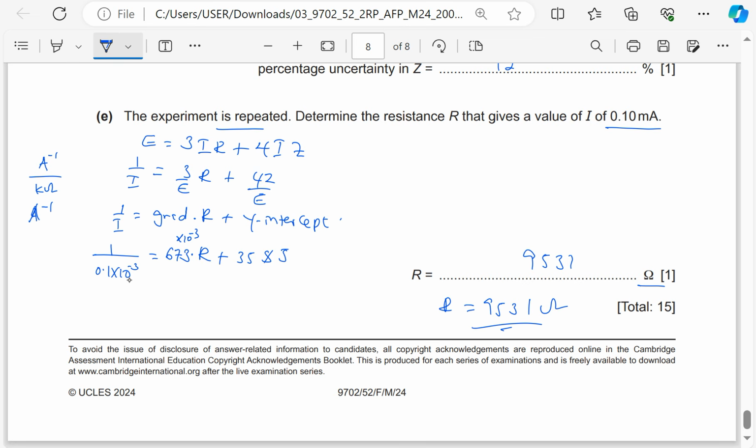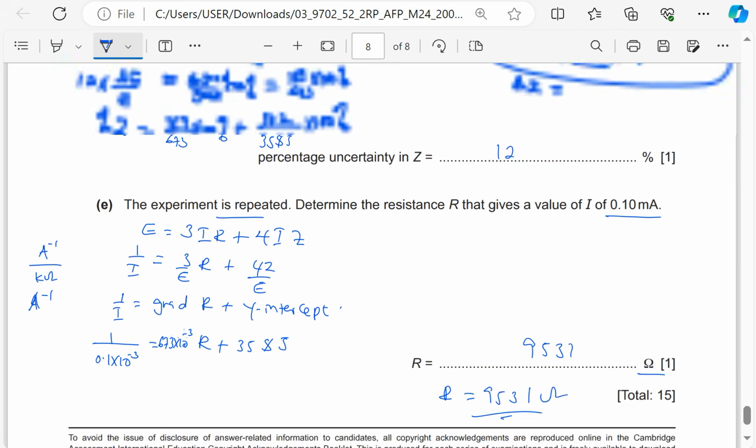It's because I had to change the units for the gradient, so it is 673 times 10 to the power of minus 3. That gives me 9531.